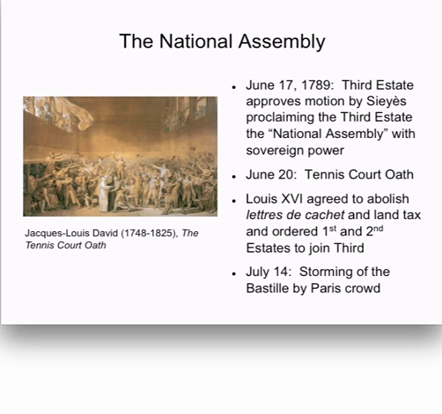And so basically the mob attacked the prison. They were able to get into the prison. They killed the director of the prison, and then they paraded his head around Paris on a large pointy stick, which should tell you something about the French Revolution.